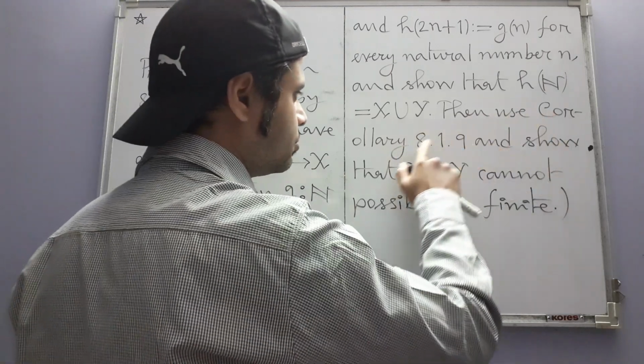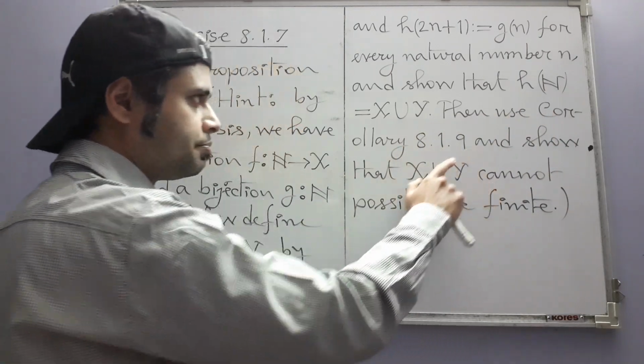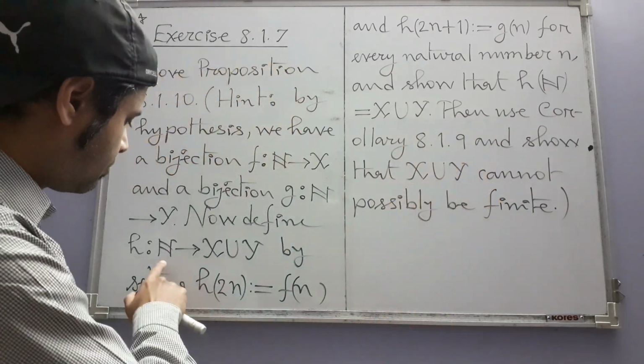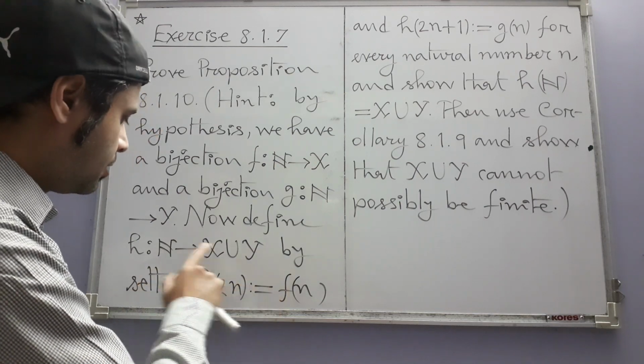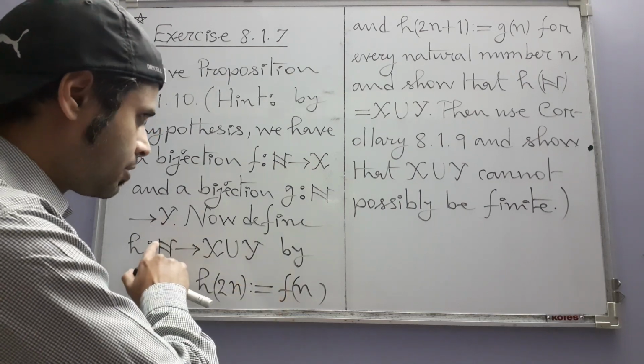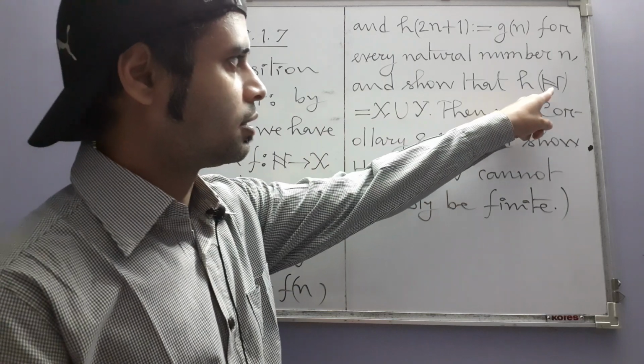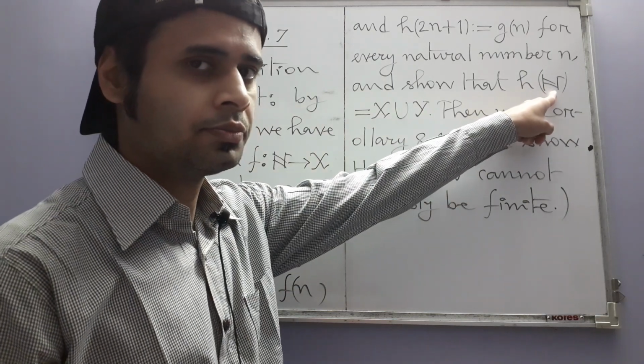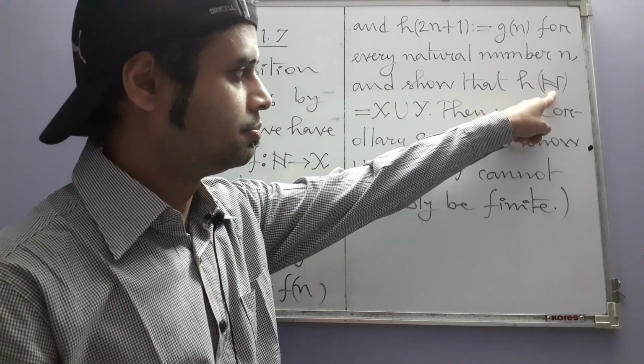And then we have to use Corollary 8.1.9, which states that for any such function where the domain is the set of natural numbers, the image set is at most countable.